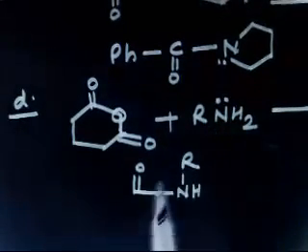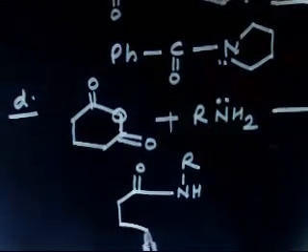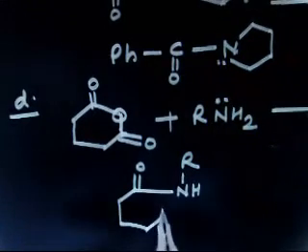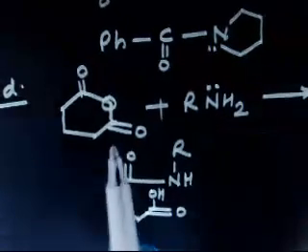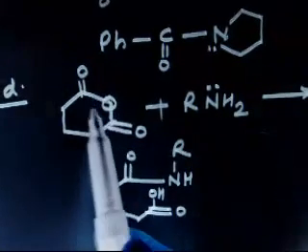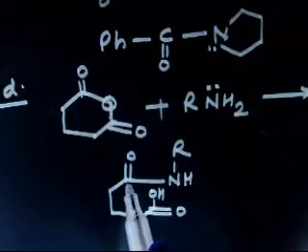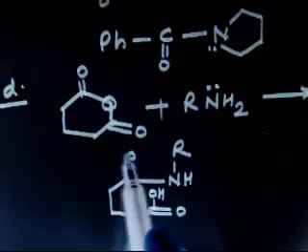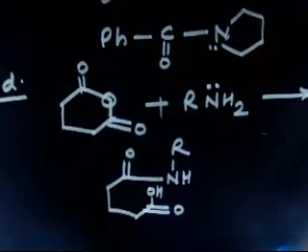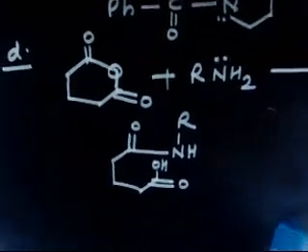So you will have NHR, and then you will have COOH here. If you remove this one, you will have COOH, and nitrogen will attack on this carbon. So this carbon contains NHR. So this is basically an amide. Are you getting?